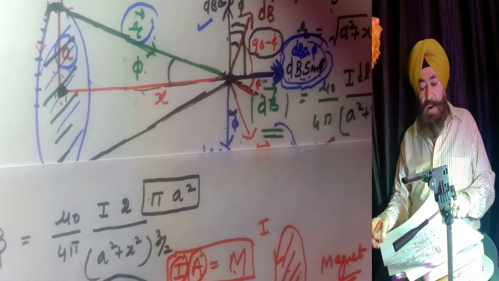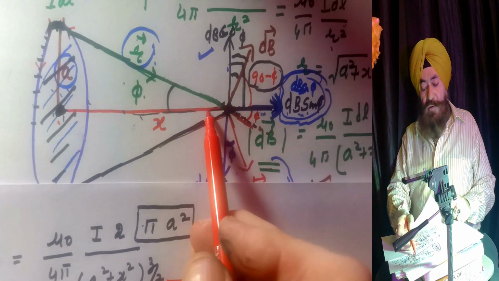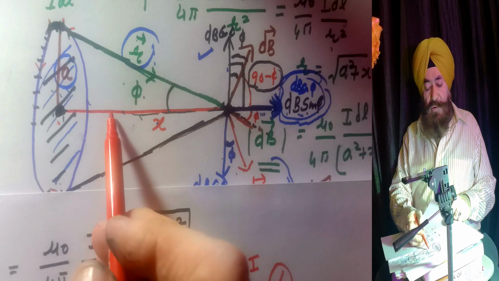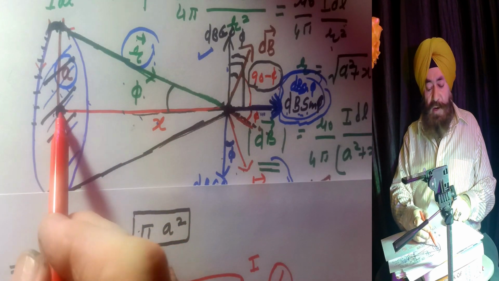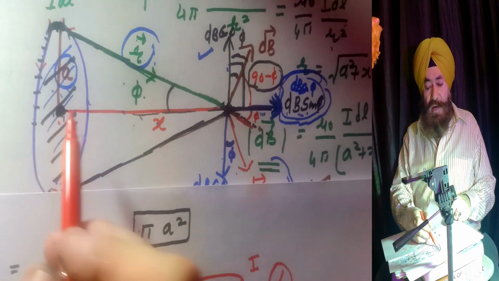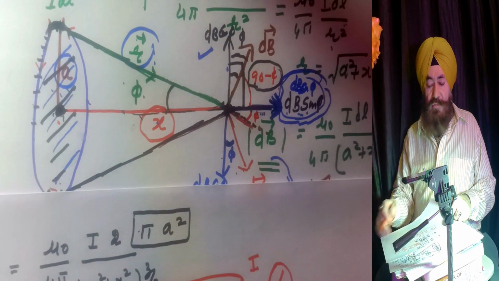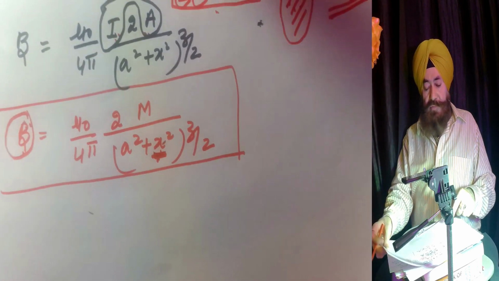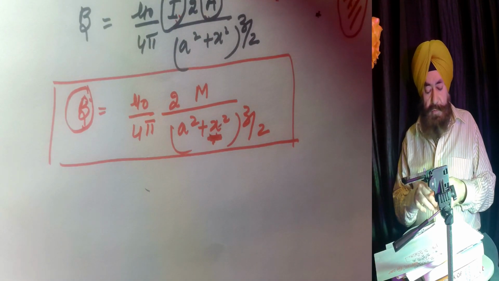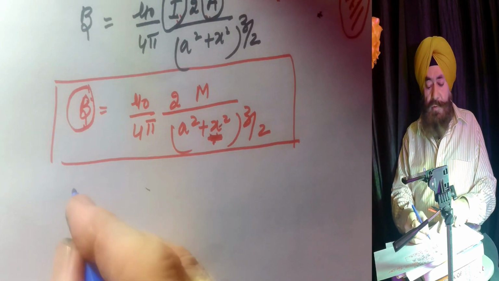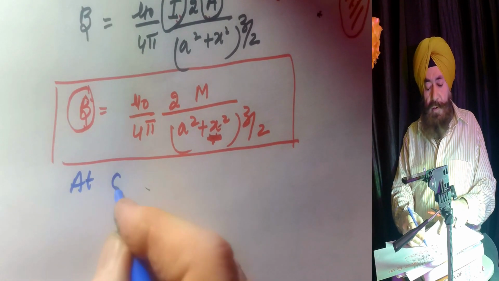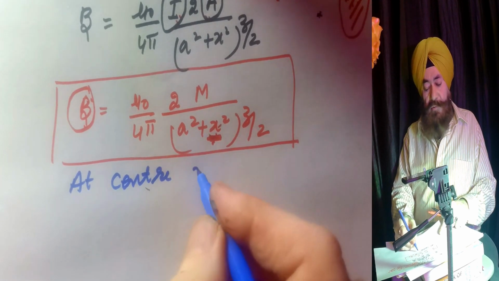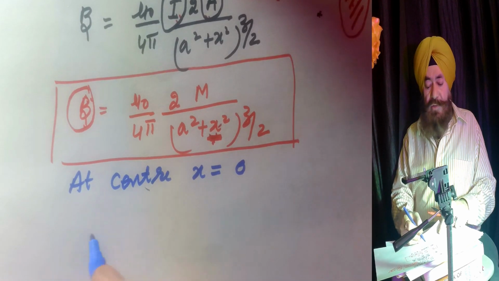Now there is another point. If you are coming closer and closer, what happens at the center of the loop? At the center, x becomes 0. So at center, x is 0.